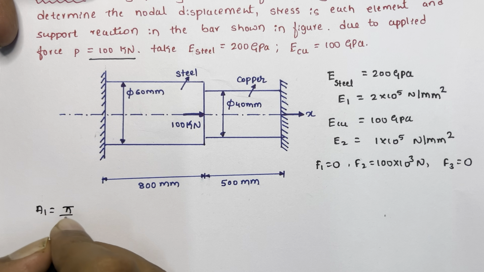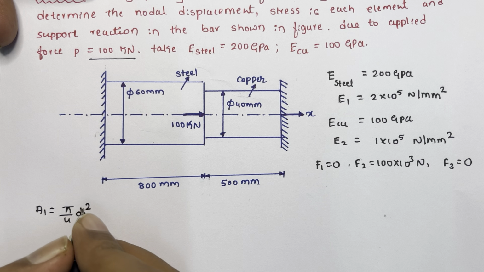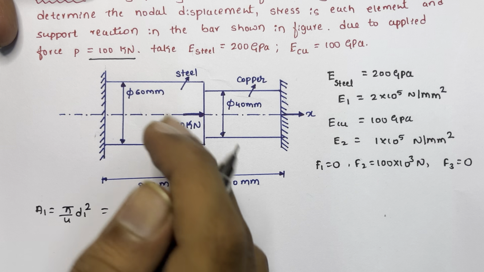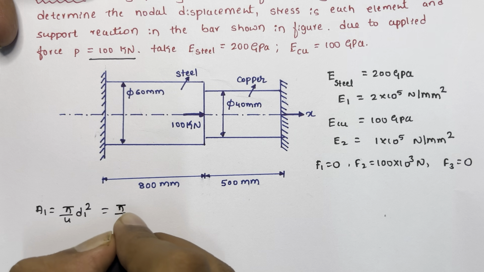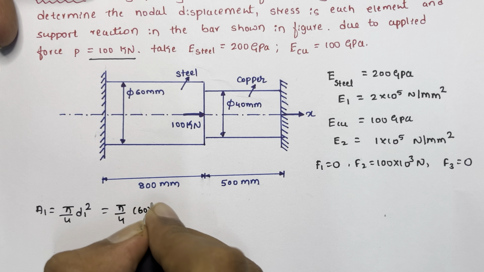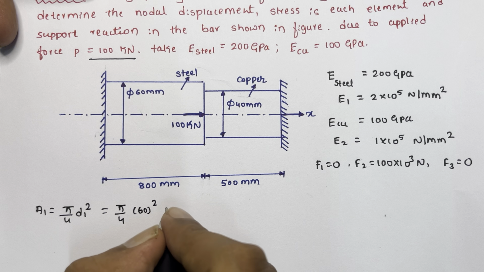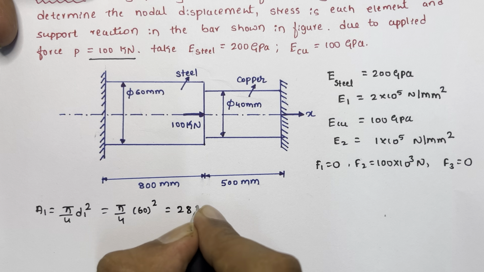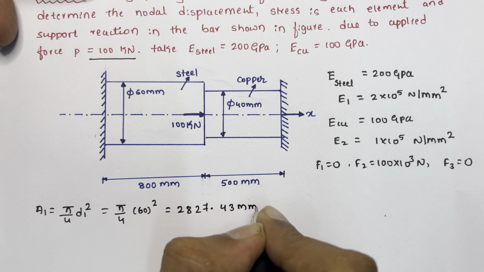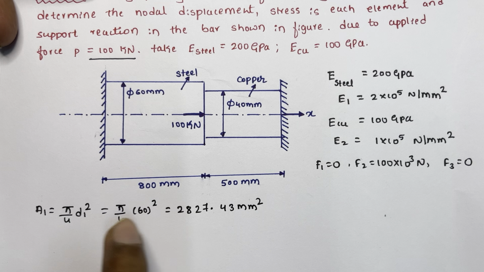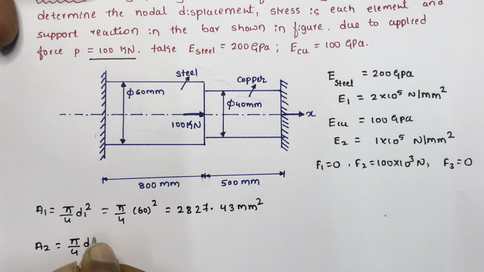Now we'll calculate the area. For element 1, area 1 is equal to pi by 4 d1 square. For the first element d is 60, so pi by 4 into 60 whole square, we will get 2827.43 mm square. That is the area for the first element. Similarly, the area for the second element is pi by 4 d2 square.